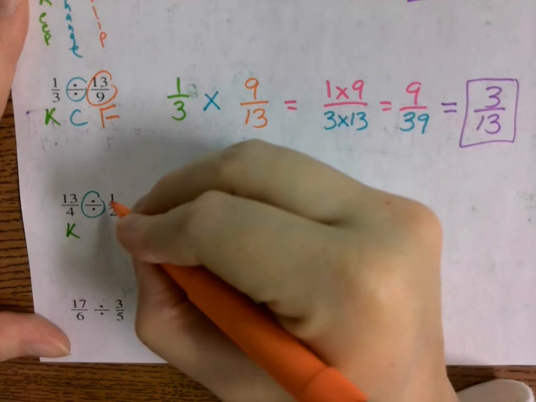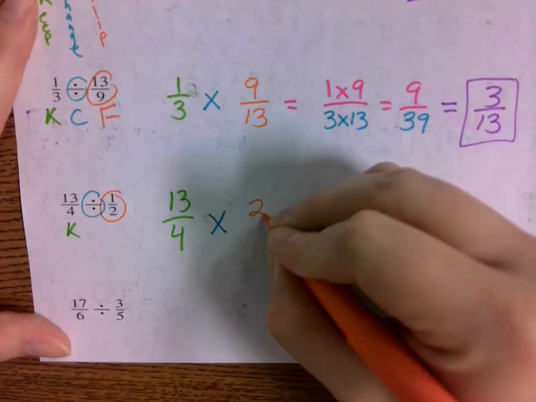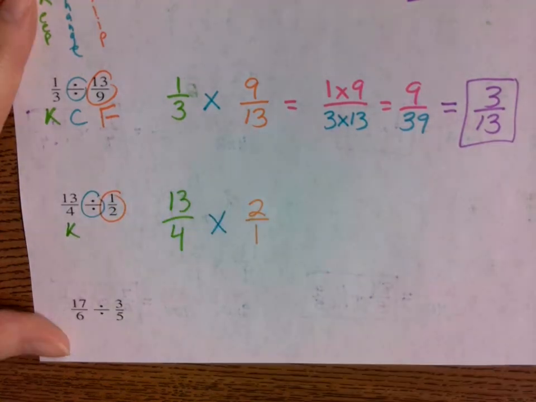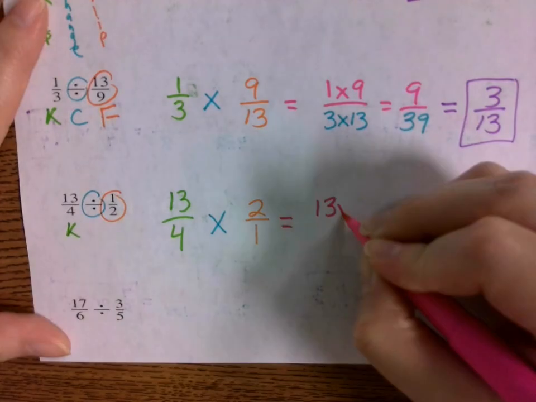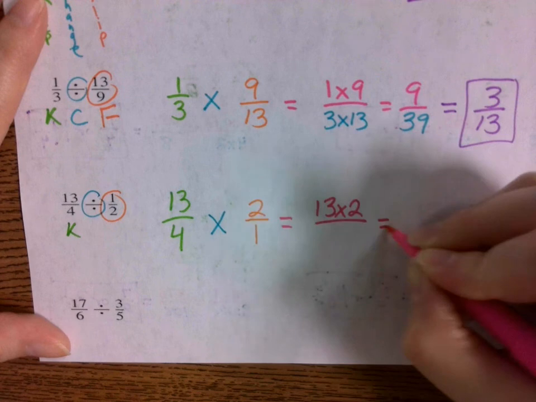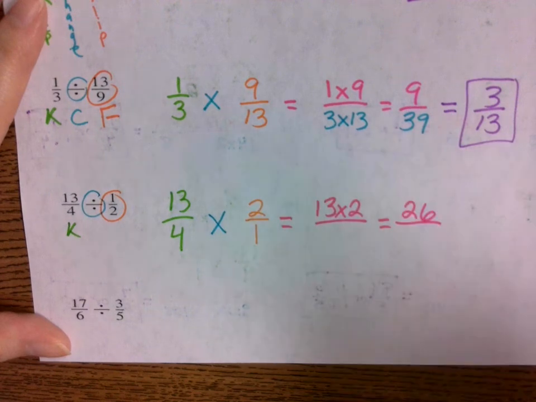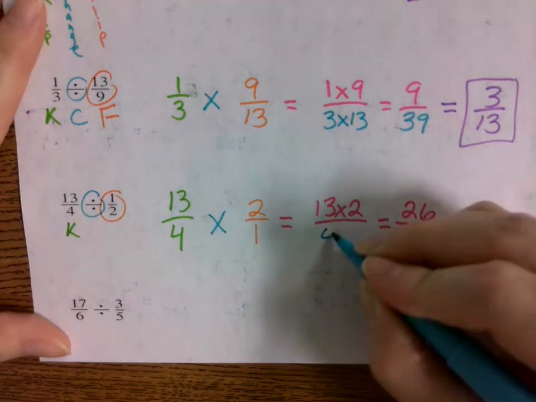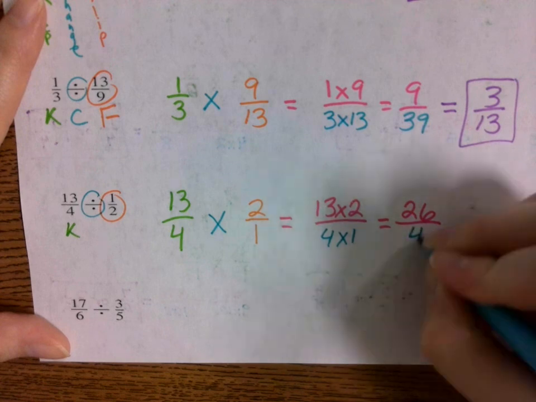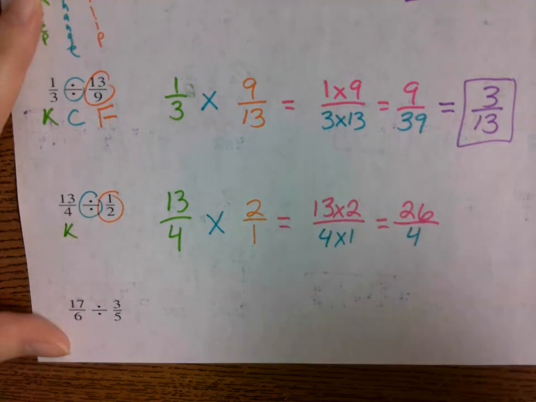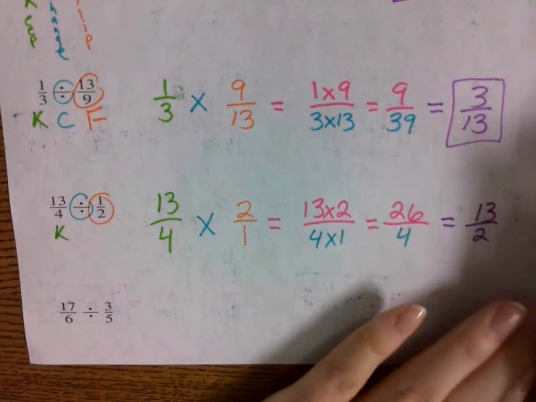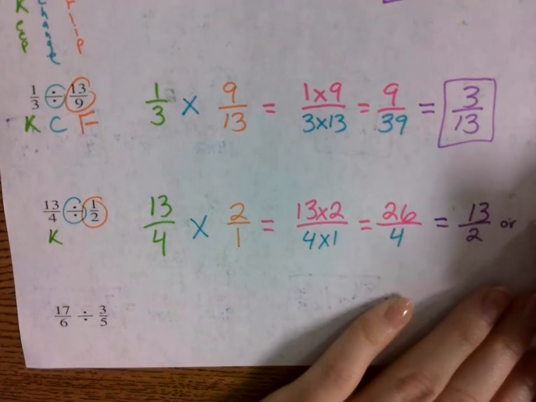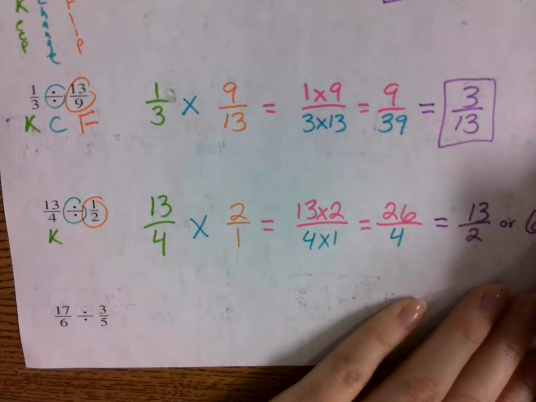Then we can multiply straight across. 13 times 2 comes out to 26. 4 times 1 comes out to 4. This can be simplified to 13 over 2, which is the same thing as 6 and 1/2.